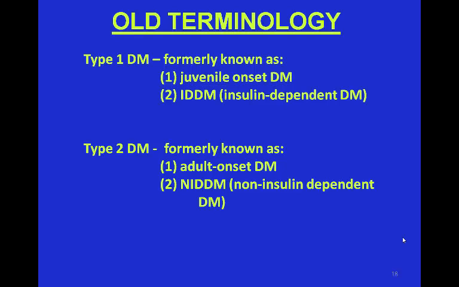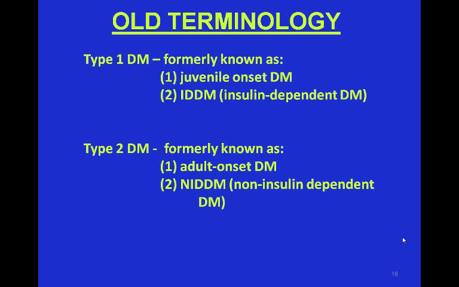Another thing is that many of our type 2 diabetics actually require insulin, so the term IDDM or insulin-dependent diabetes is also not totally relevant just to type 1. Type 2 is not just adult onset anymore.